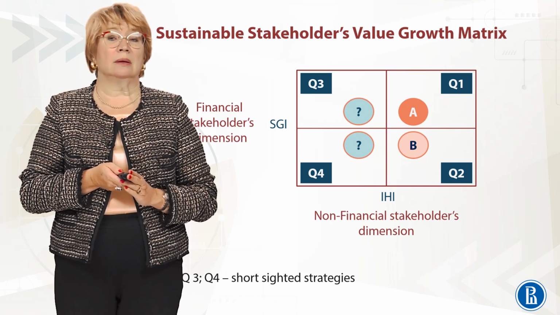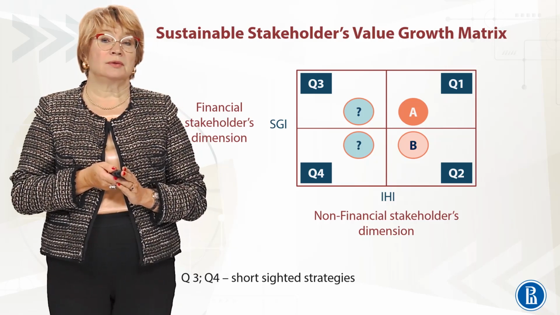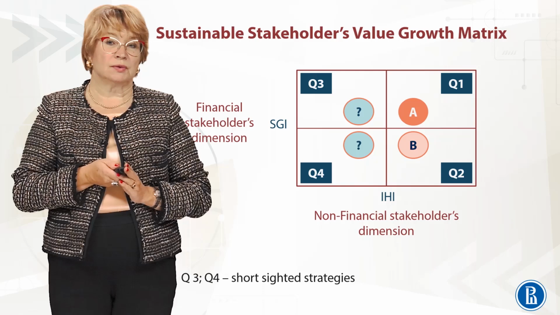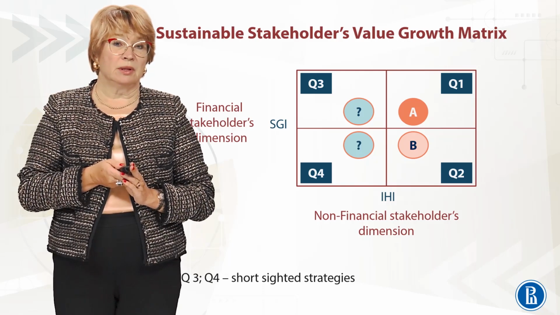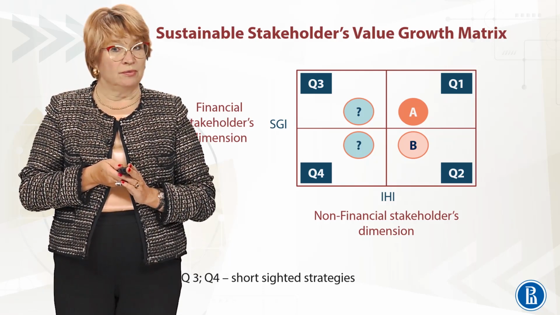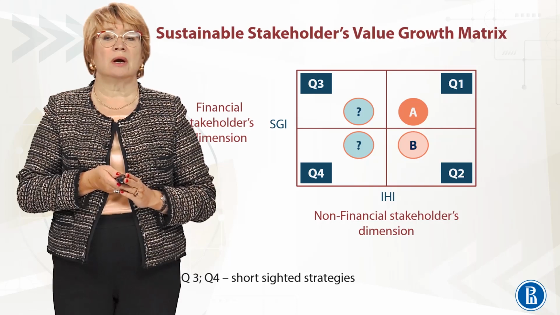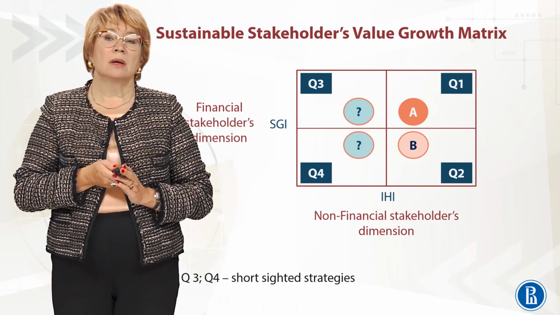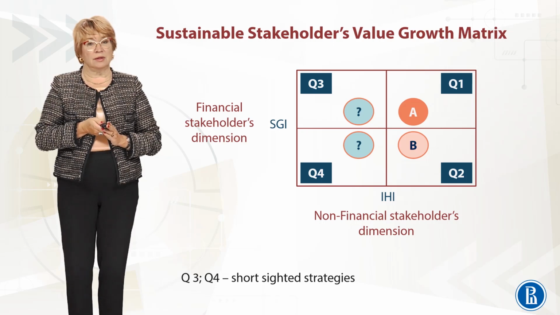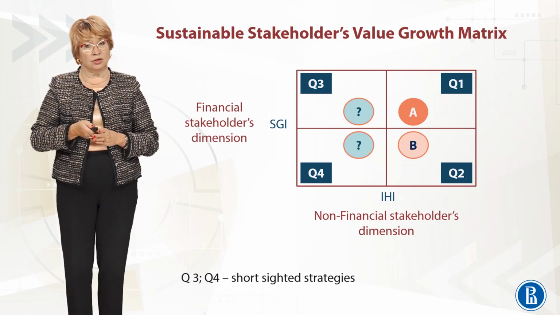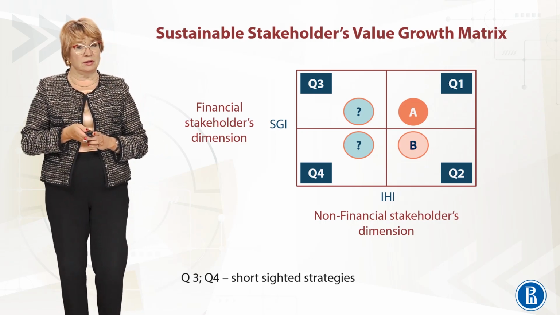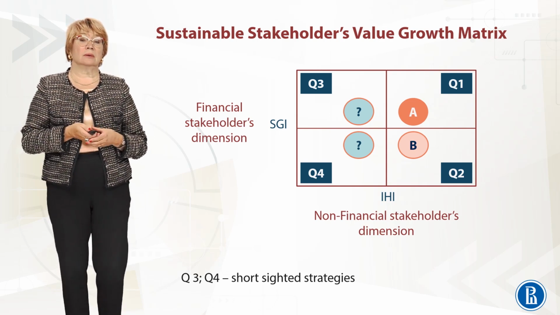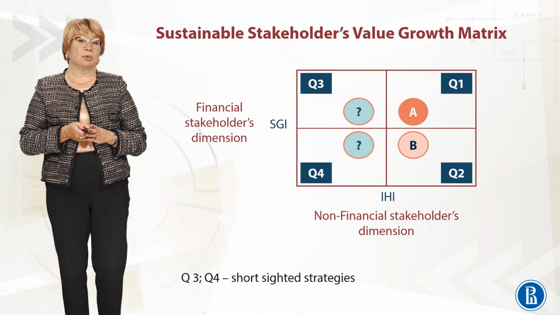Q1, which is denoted here with this strategy type A, let's say, is of course the best among the best, because it will give us financial performance in terms of value creation higher than the other plans we are comparing to, and it will give us the highest possible degree of harmonization of the interests of non-financial stakeholders with the actions in the strategic program of the company.